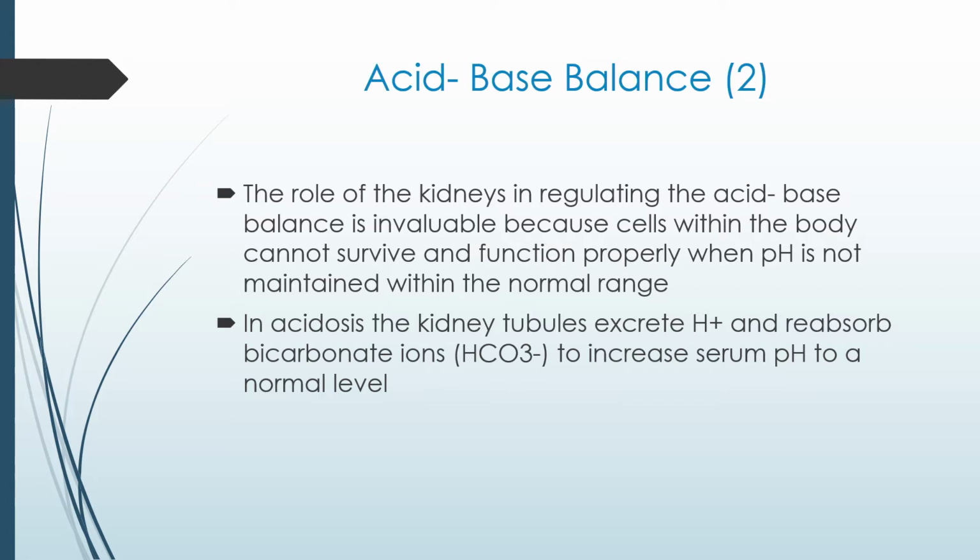These kidneys are going to kick in. They're going to excrete the hydrogen because we want to bring the body back into balance, and we're going to work to reabsorb bicarbonate so that we can bring the body up from an acidotic level towards a more normal level.